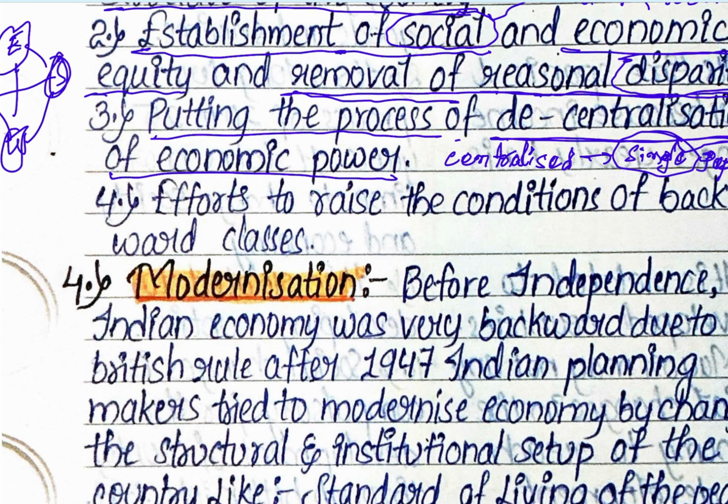And fourth point, efforts to raise the conditions of the backward classes. Efforts means trying to develop the backward classes in the society. So BCs, SC, ST, and some minorities.